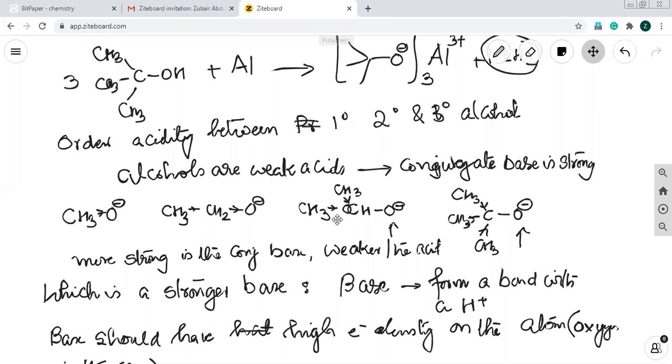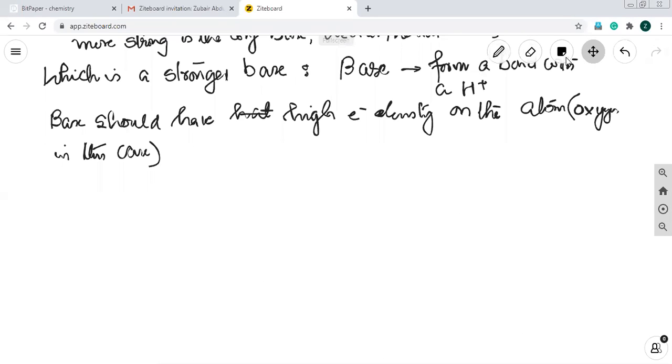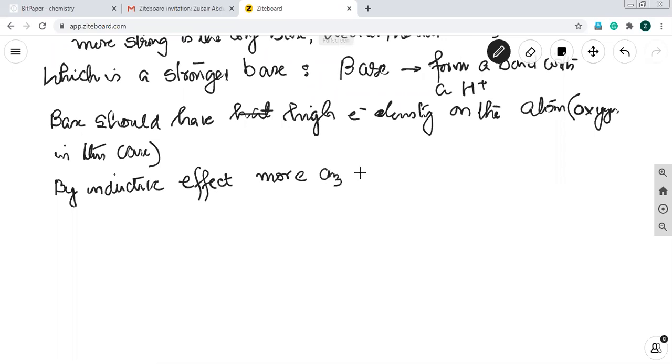So by inductive effect, more CH3 groups, more electron density on the oxygen.